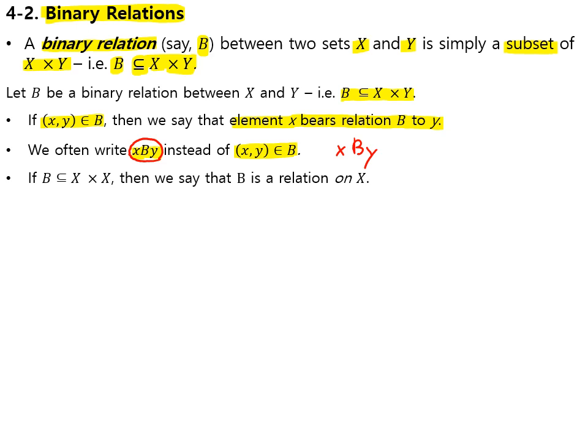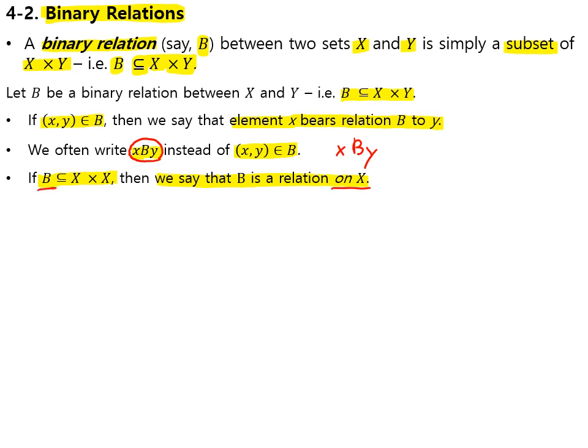So when a binary relation is defined on the Cartesian product of some set with itself, we say that the binary relation B is a relation on x, right?